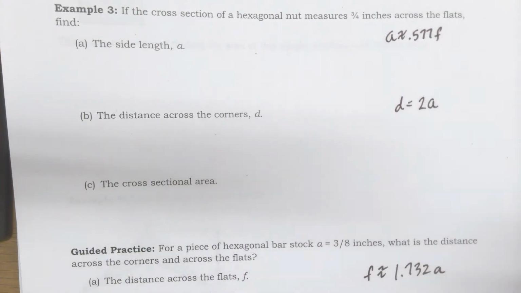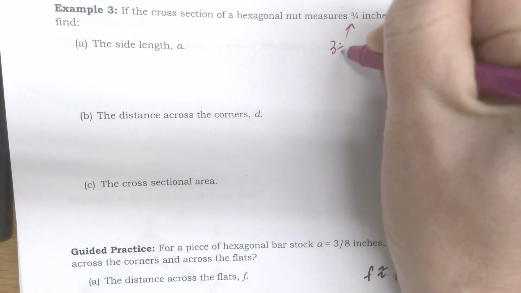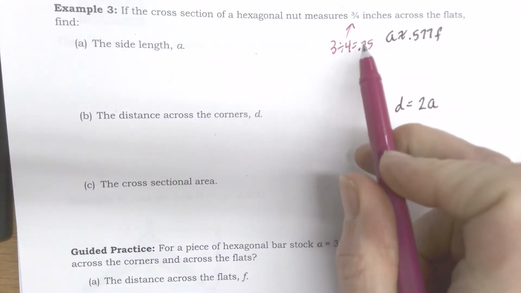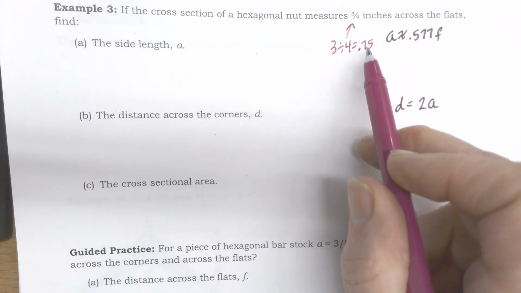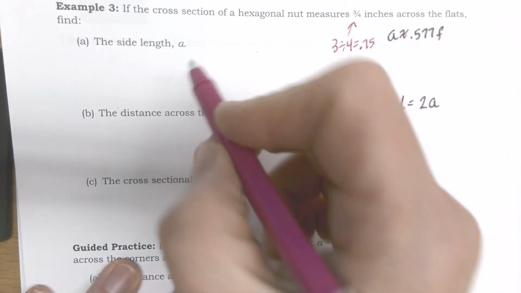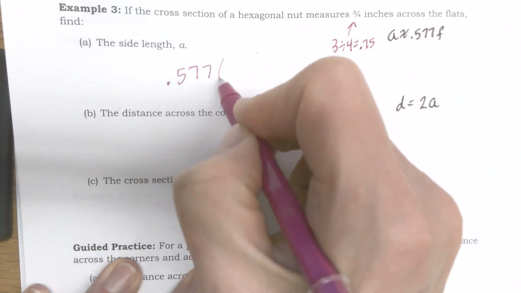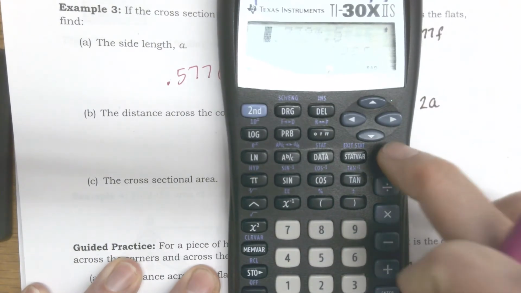That's that formula. Again, I'm going to take this and convert it. 3 divided by 4, that was from a previous lesson, converting into decimals, so I'll use 0.75. If it comes out nice, use the exact. If it doesn't come out nice, then you might need to round. So this would be 0.577 times 0.75, and again, it's just a matter of plugging it in your calculator.